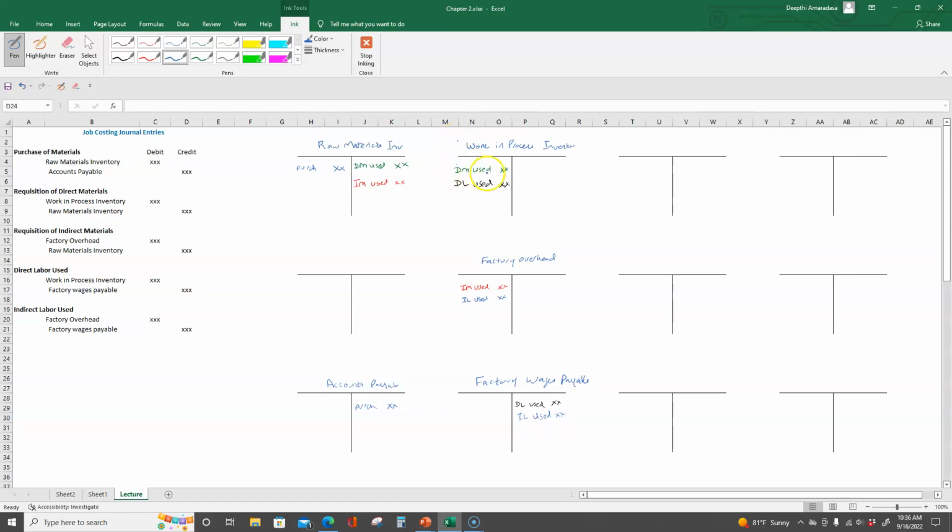You have direct material used, direct labor used, and later on you're going to see that we will have overhead applied. For actual overhead incurred, we're going to be recording those in the factory overhead account. So just bear that in mind as we go through these lectures, and you'll see the full picture by the time we're done with all the journal entries.